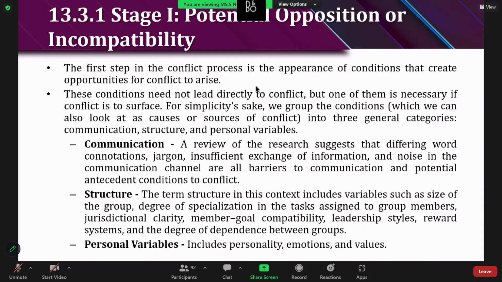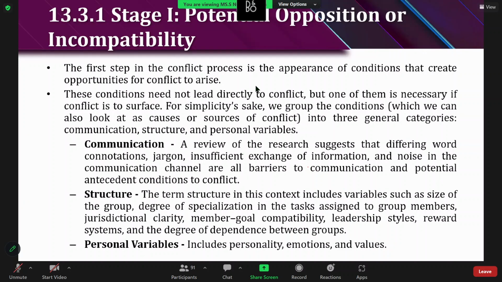So why does this happen, that one party has more information and the other has less? It is because of the lack of communication. And why is there this lack of communication? Why is communication not fulfilled between these two parties? It is because of communication barriers.